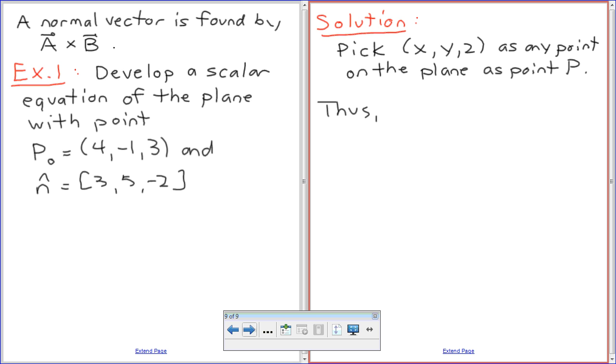We're going to say then, we'll make a vector called P0P, and I dot that with N, and that should equal 0. Oops, that shouldn't be dot P, that should be dot N, sorry.